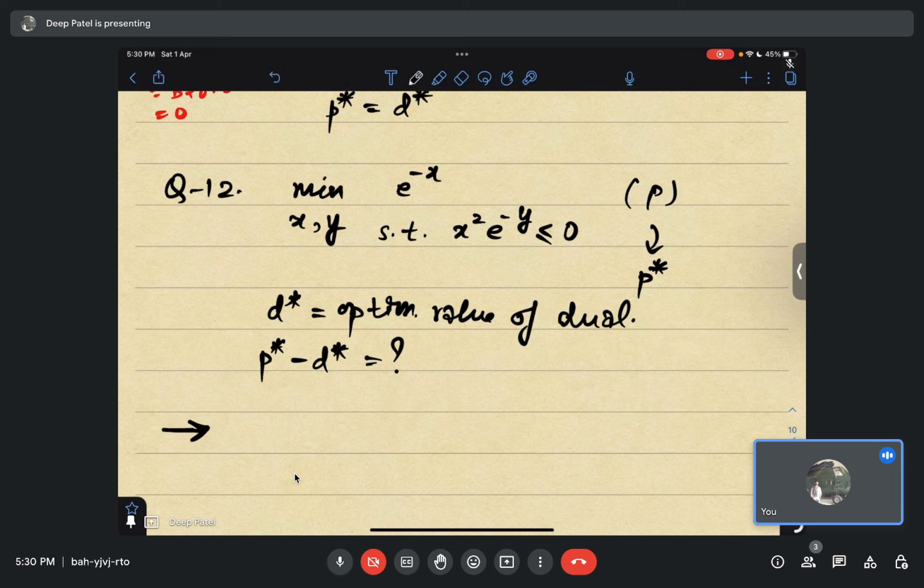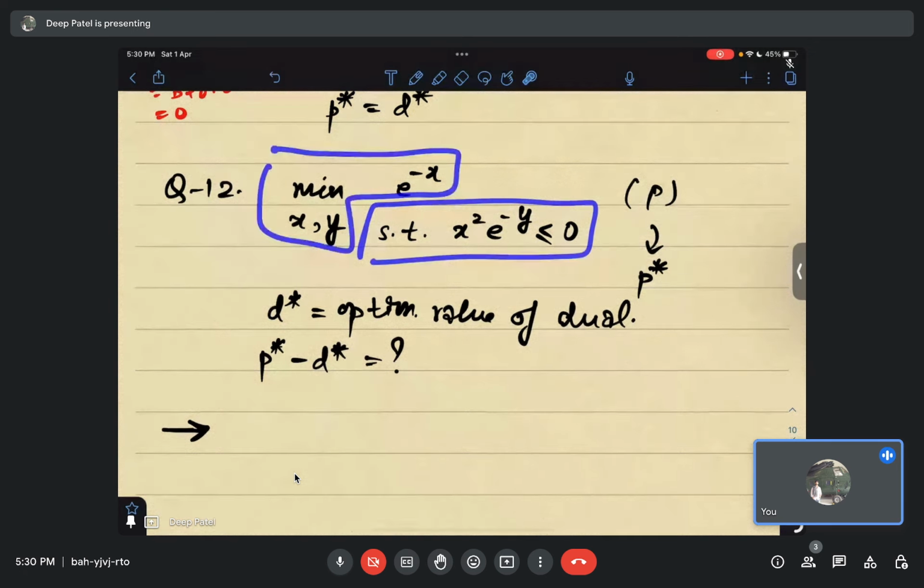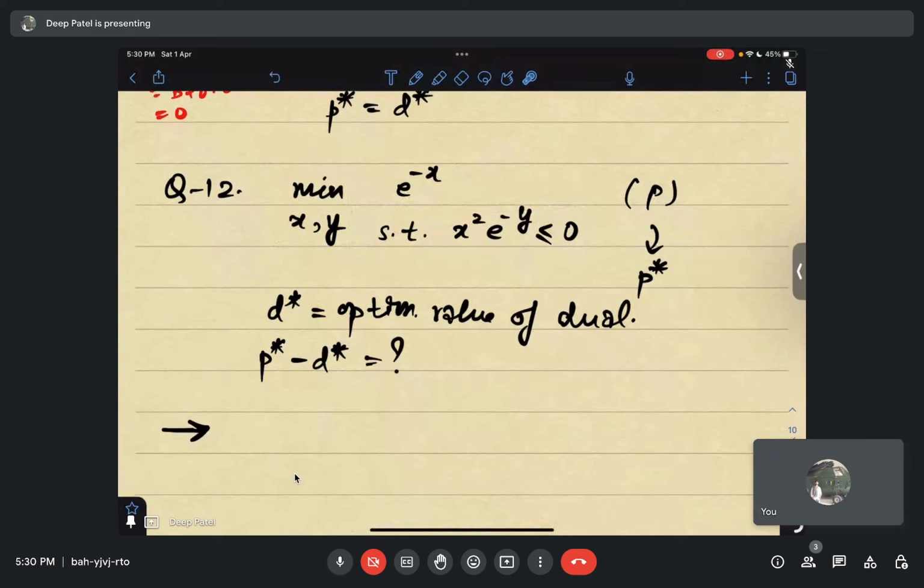Okay, so what do we do in this case? Any thoughts? Let's say we ignore the constraint. What will be the minimum value for this? E to the power minus x, that will be 0, right? No, the value. So 0 will be the x value, and the minimum value will be 1, right?